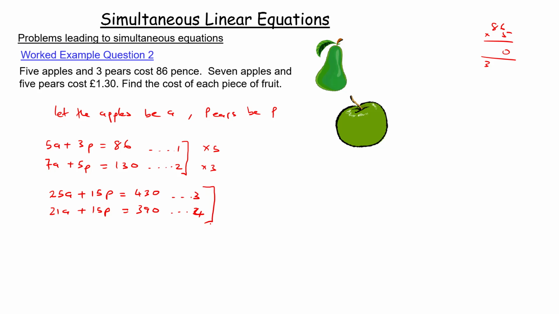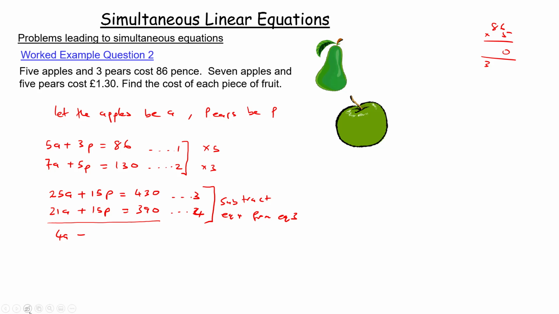Okay. How do I get rid of p then? Add or take away? Subtract equation 4 from equation 3. So let's try that then. So 25a minus 21a, let's draw a line. That's 4a.